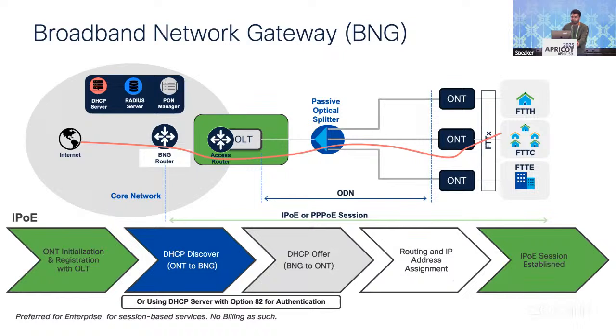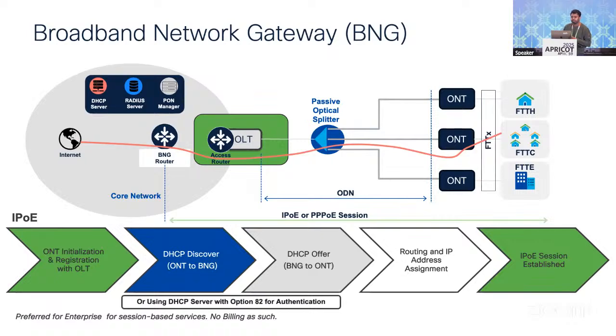Similarly, for the IP over Ethernet, you will have the protocol flow as follows. Now, in this case, if you want to have the authentication part done, you can essentially use different options that we have, specifically option 82 from the DHCP server to have the authentication completed, and the rest all remains the same.